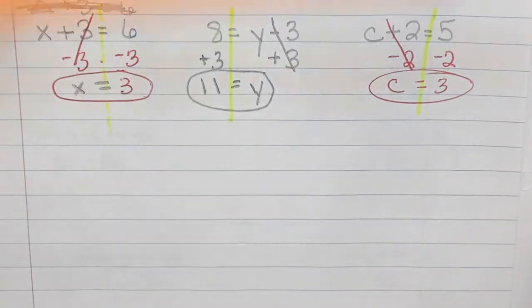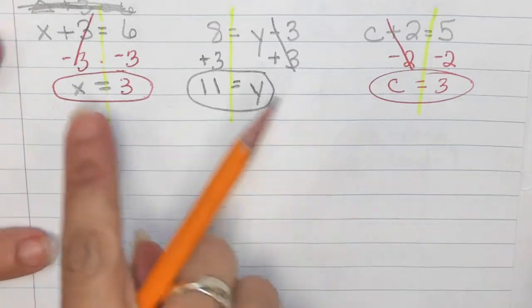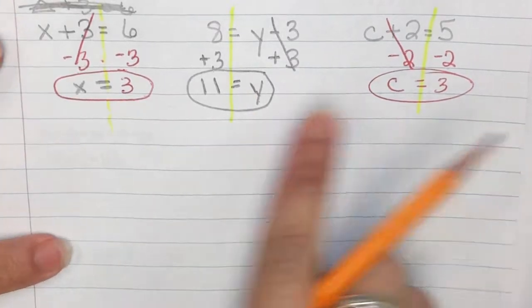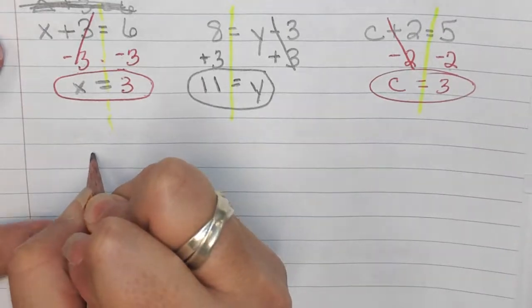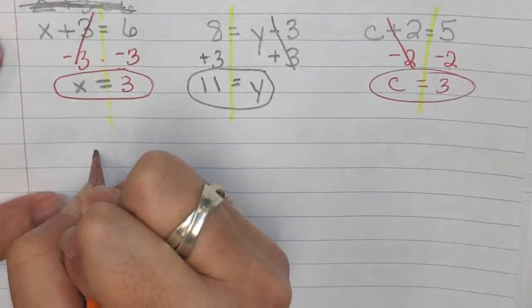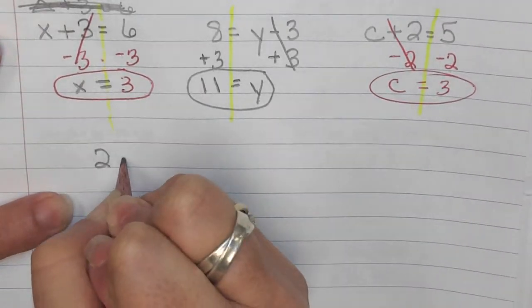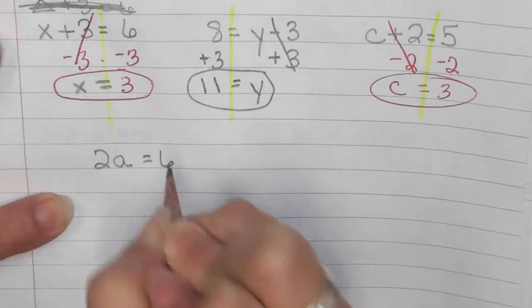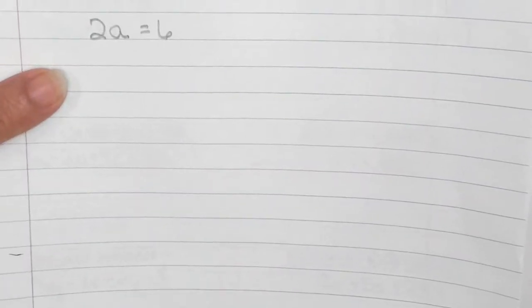The key is with multiply divide, you know the opposite, but how to write it. It just looks a little different. So if you'll keep these for add and subtract, now I'll show you multiply divide. Okay? So, let's say you have something like 2a equals 6. Okay?